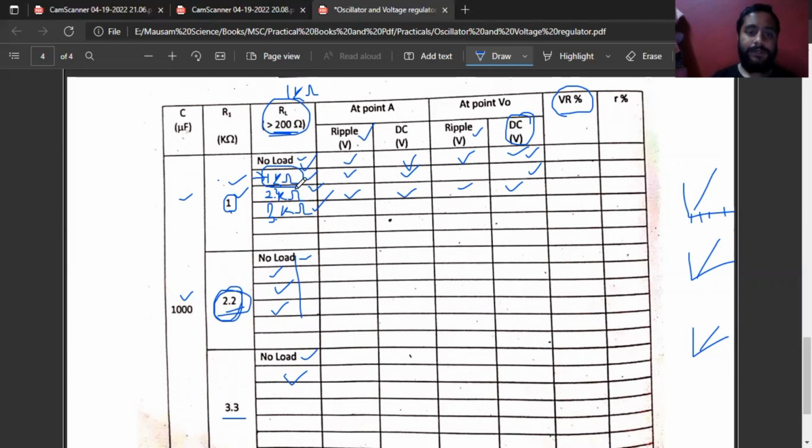For this RL, we'll take only 1 kilo ohm. Here 1 kilo ohm, here also 1 kilo ohm, and here also 1 kilo ohm. We'll trace the curve between R1 and the output, again keeping this constant at 1 kilo ohm only. If you go for 2.2 kilo ohm, we have another curve. If you go for 3 kilo ohm, we will have another curve.